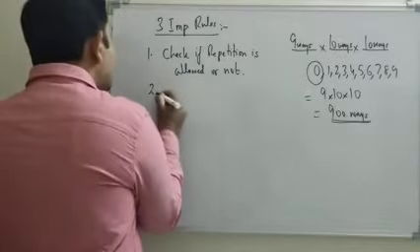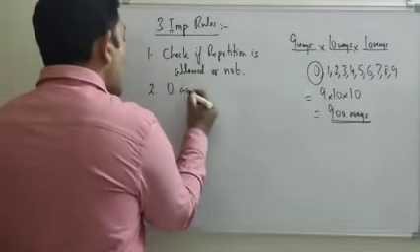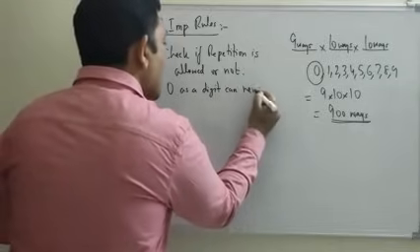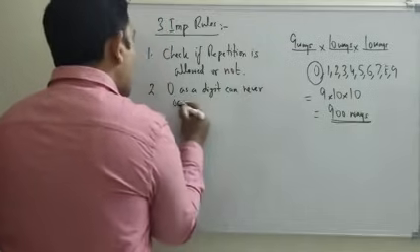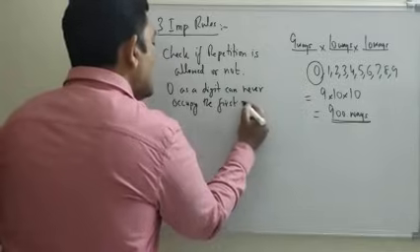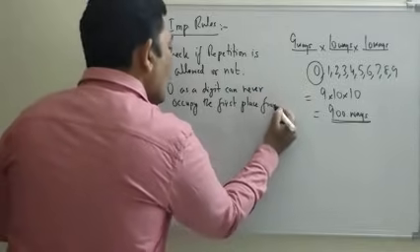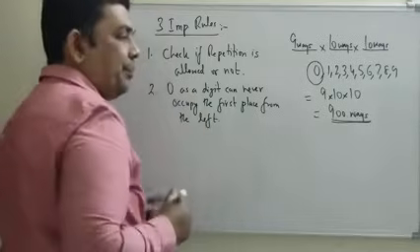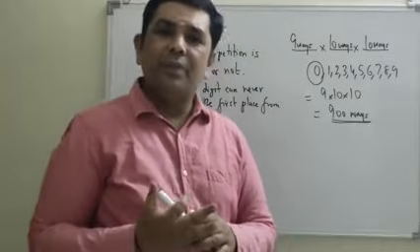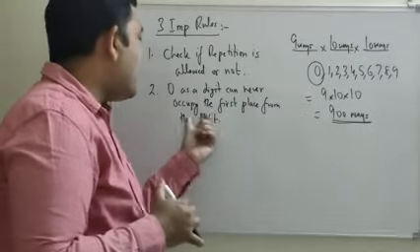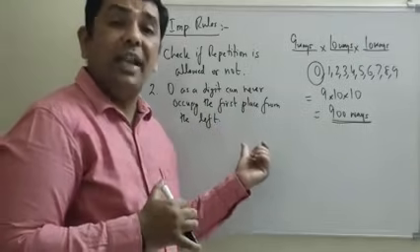What is the second rule? 0 as a digit can never occupy the first place from the left. Very important.